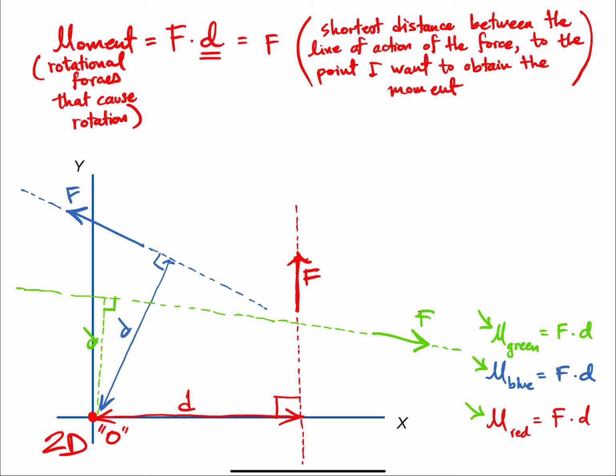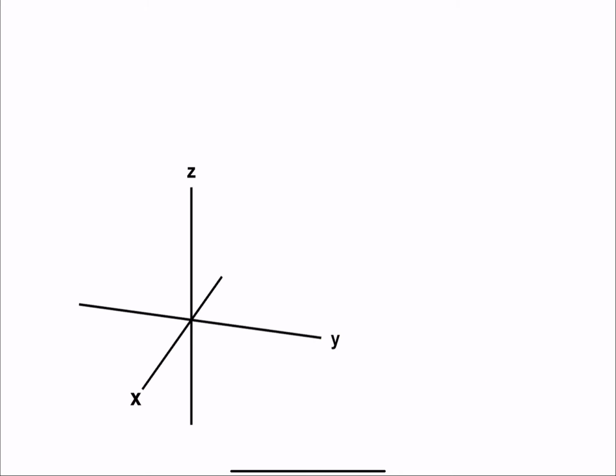So it's fairly straightforward in 2D. Let's go one step further and imagine we have the 3D plane. Yes, we will have to calculate moments in 3D space. You kind of knew that we were coming this way, to calculating moments in 3D space.